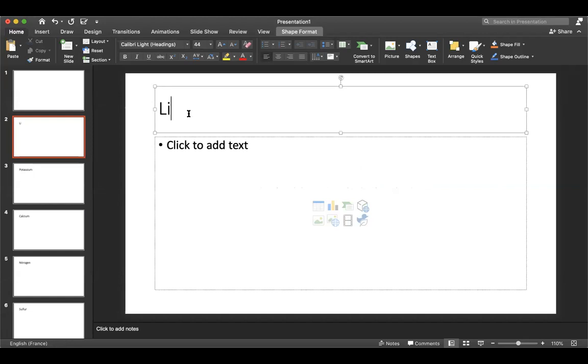Okay, lithium is better because beryllium and lithium are neighbors, so we can use both. How do you spell beryllium?